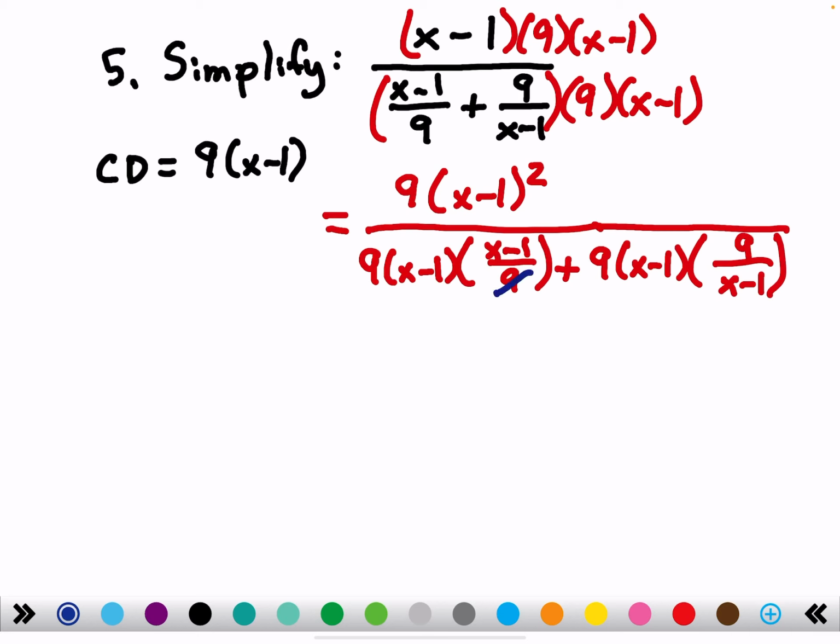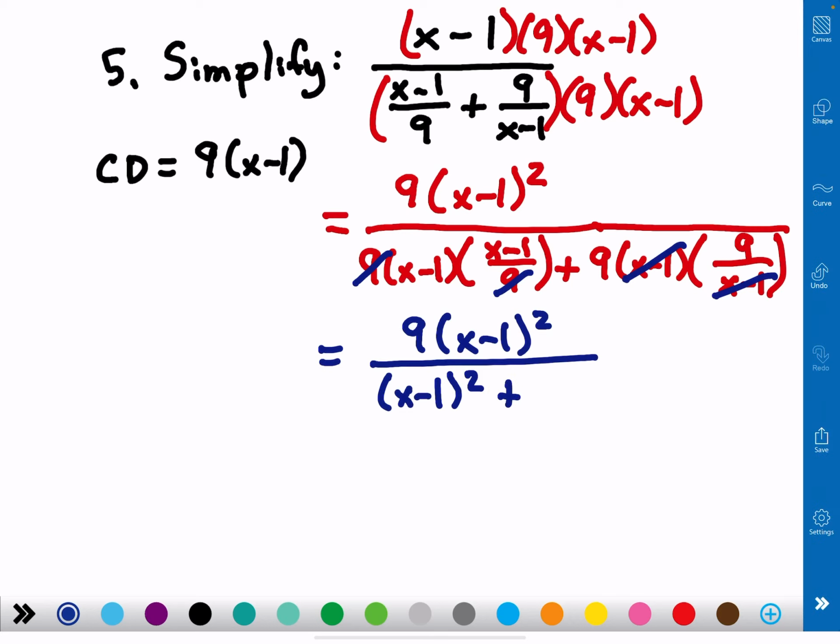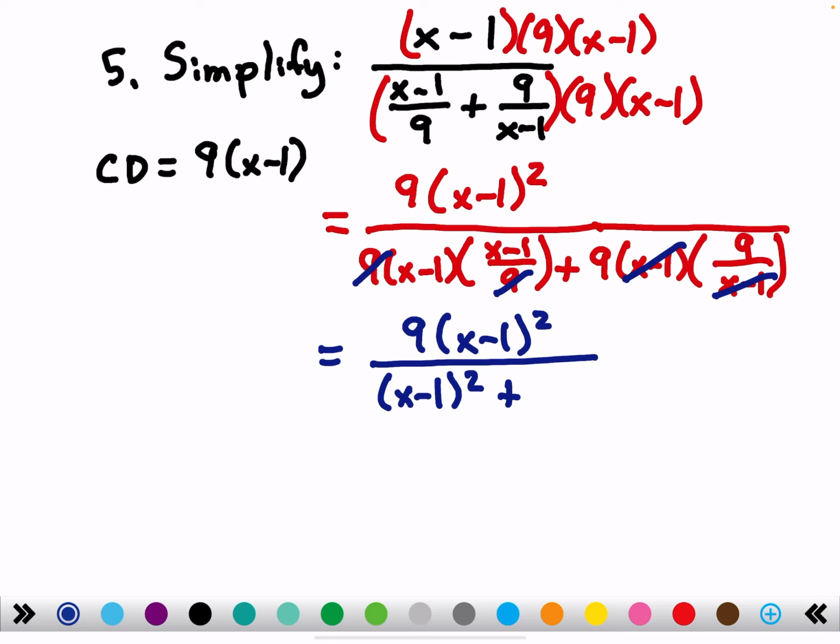Let's cancel out the common factors. So it'll be 9 times x minus 1 quantity squared in the numerator. Denominator, first multiplication on the left, x minus 1 times x minus 1 is just x minus 1 quantity squared. And the last one, 9 times 9 is 81.